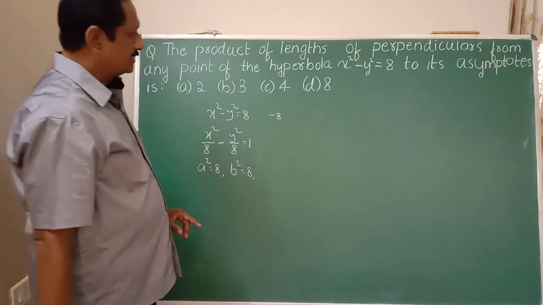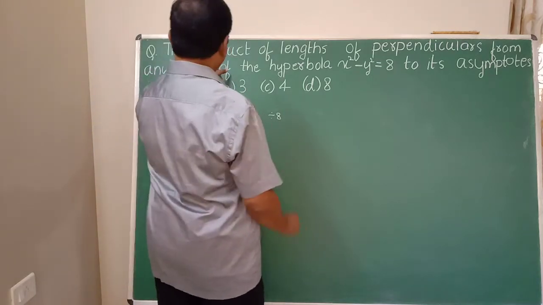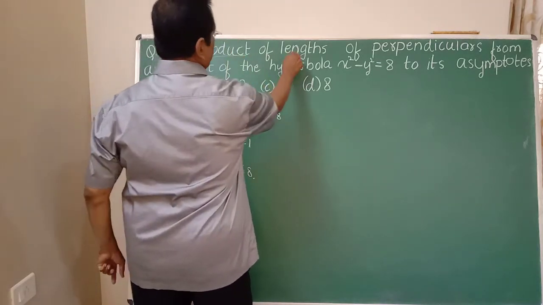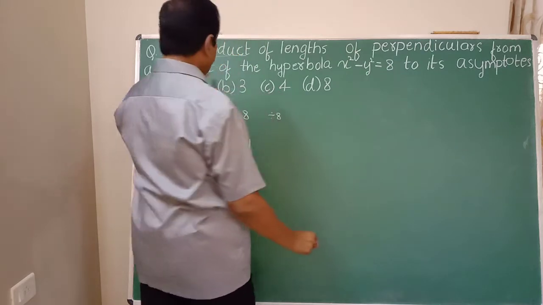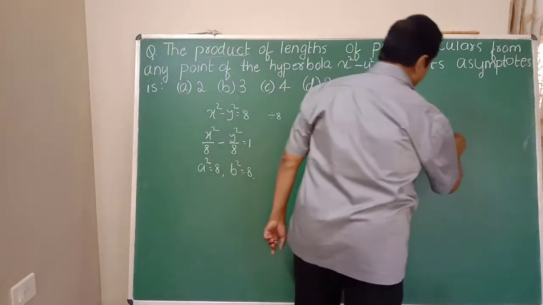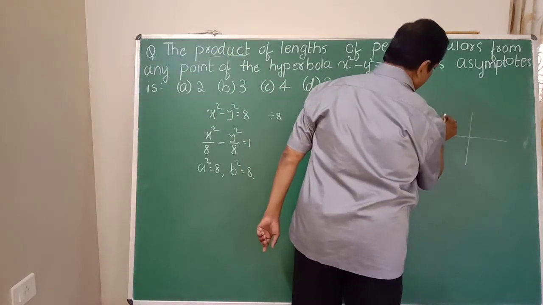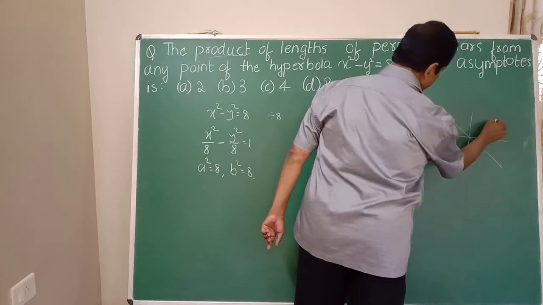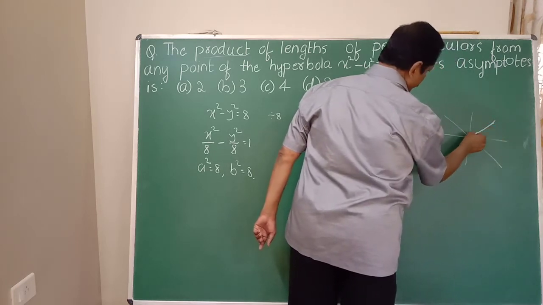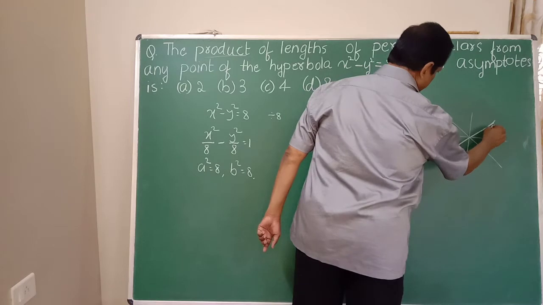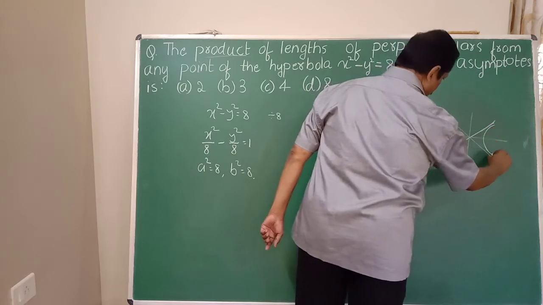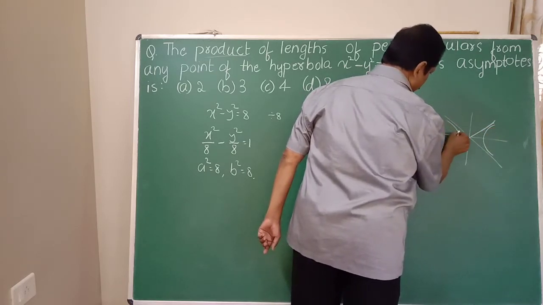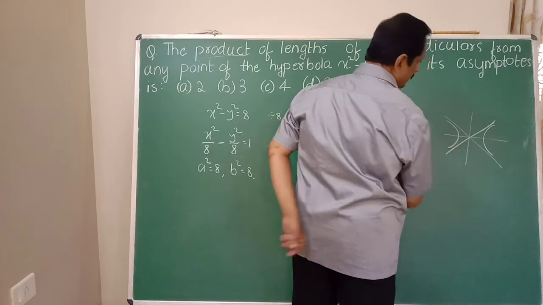So there is a standard result here. The product of lengths of a perpendicular from any point on the hyperbola: this is one asymptote and this is one more asymptote, and here are the curves of the hyperbola.